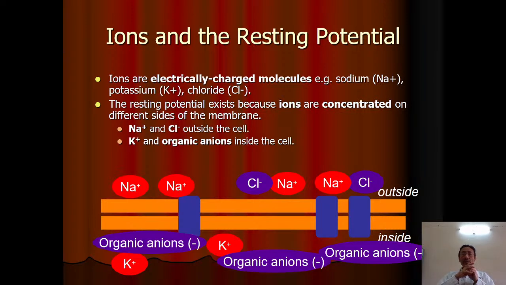The resting potential is because the concentrations of ions on the two sides of the membrane are different. For example, the sodium and chloride ions are more on the outside, whereas the potassium and organic anions are more inside the cell.